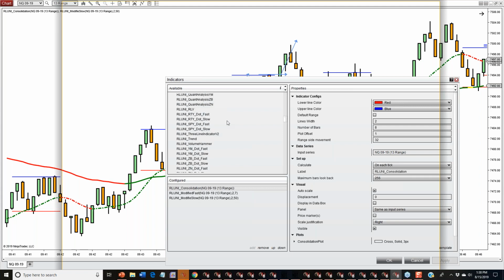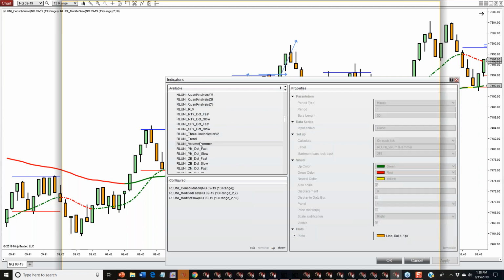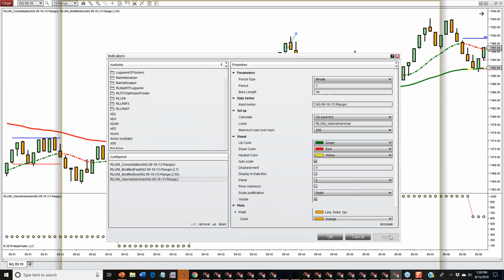So it's not going to reflect what's going on underneath the price candles here, because the upper candles are running on a 13 range, and the volume hammer is running on a 1 minute. You can make it a 3. And you can see you're getting volume spikes, but here you just don't know where they're occurring.